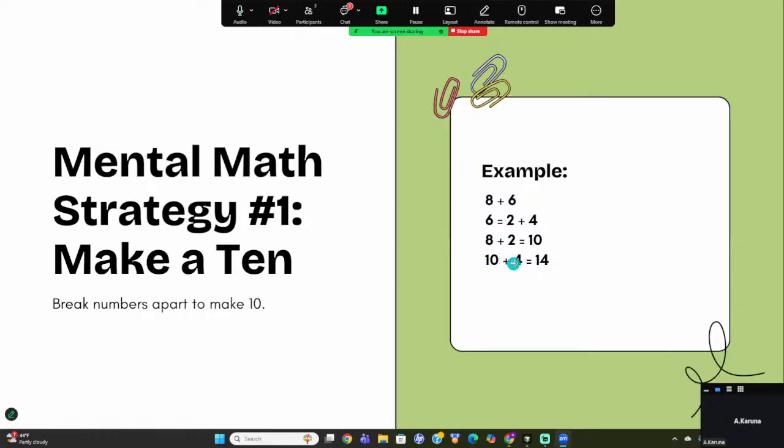And then we bring this remaining 4 and we add that to the 10, which gives us 14. So this is how we're breaking the 6 apart, and we're making the 8 into a 10, and then we add the 10 to the remaining part of the 6.